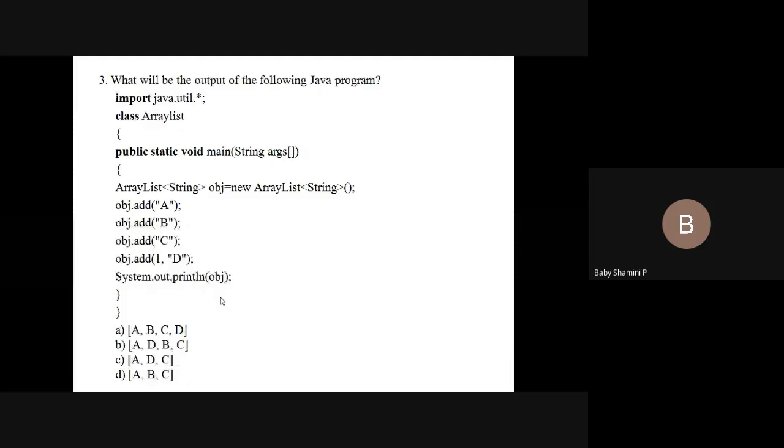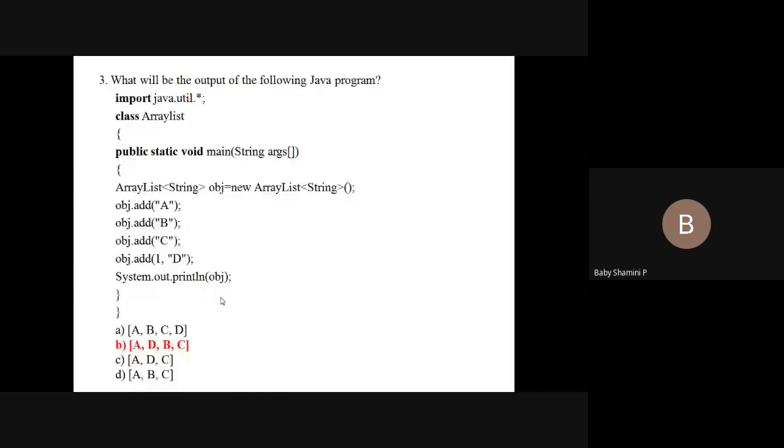Again obj.add of 1 comma d. So at index 1 it stores the element d. So what is the output? Okay, correct answer is a d b c. At the 0th position index value a will be allocated, first position d, and next position b, and next position c. So b is the correct answer.